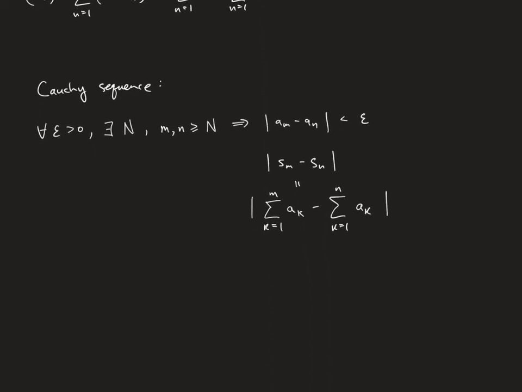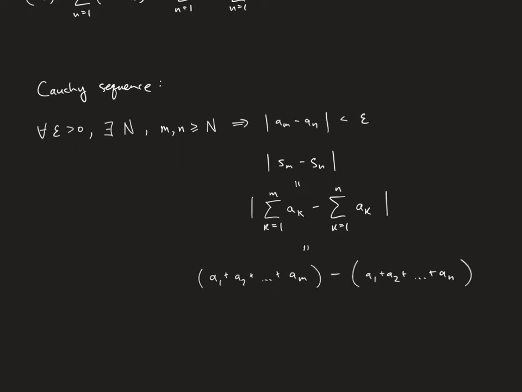And so I'm looking at this. What is this? Well, the first sum there is a1 plus a2 plus dot dot dot up through am. And then we have a1 plus a2 plus dot dot dot an, right?